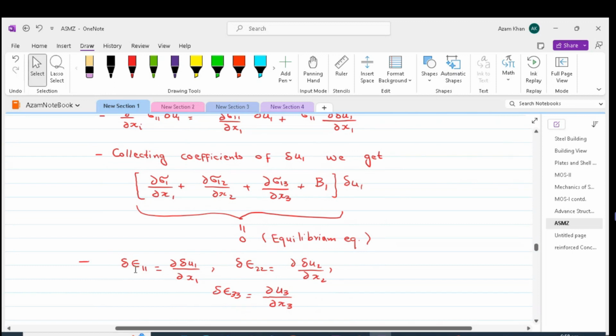So delta epsilon 11 will be equal to partial delta u1 by partial x1. Delta epsilon 22 is equal to partial delta u2 by partial x2, and similarly delta epsilon 33.